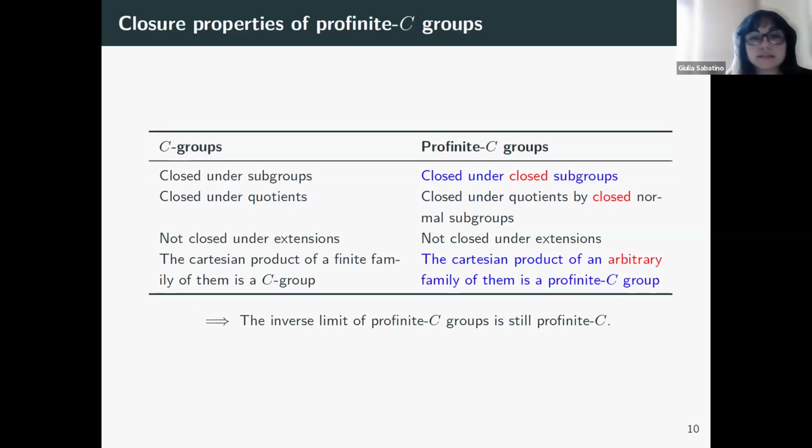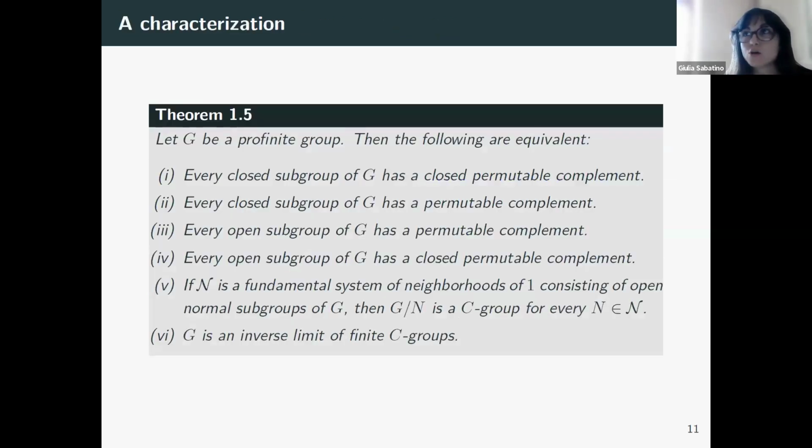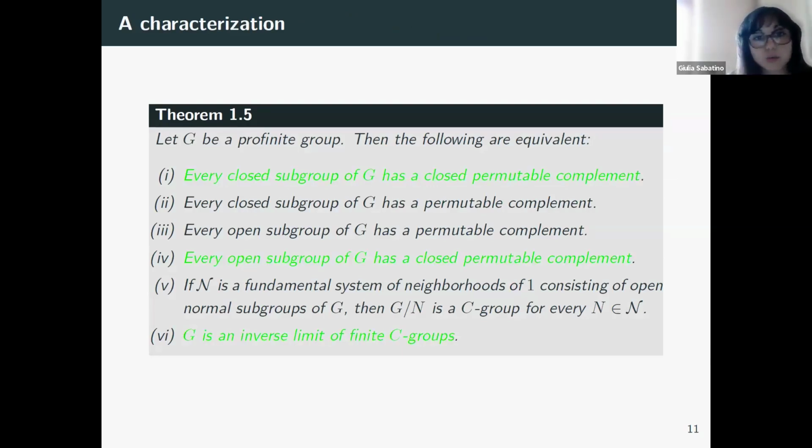And this observation was a key observation to prove the following theorem, which clarifies a lot what a profinite C group is. A profinite C group is precisely a group in which every open subgroup has a closed permutable complement. So we can restrict our attention only to open subgroups. Moreover, we don't need to write "closed" here because an open subgroup has finite index, so any complement of an open subgroup has to be finite, hence closed.